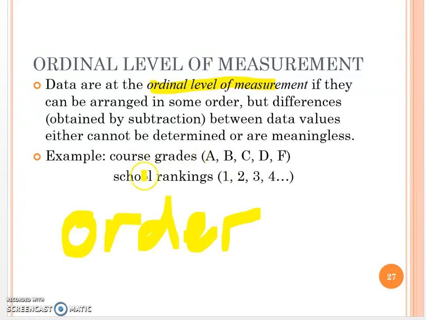Like course grades, they can be put into A, B, C, D, F, and you know A is better than B, B is better than C, and so forth. School rankings, 1, 2, 3, 4. If you say 1 is the best, then 2 is the second. So these are the ordinal levels of measurement. Ordinal level can be arranged in some order.